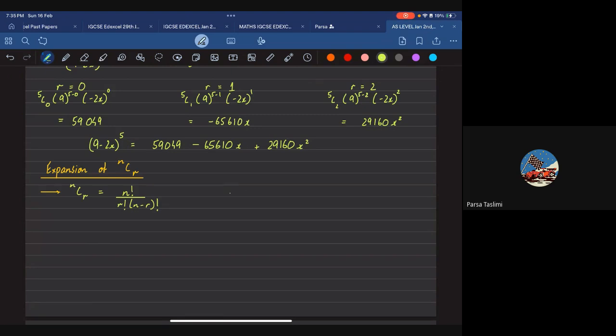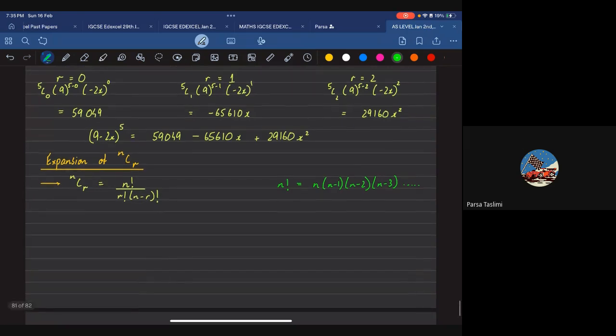Also, n factorial is simply the multiplication of n times n minus 1 times n minus 2, n minus 3, and so on, all the preceding numbers of n, regardless of what n may be.